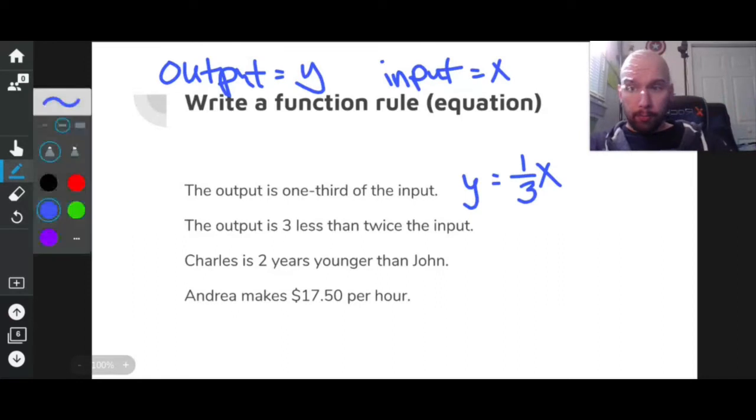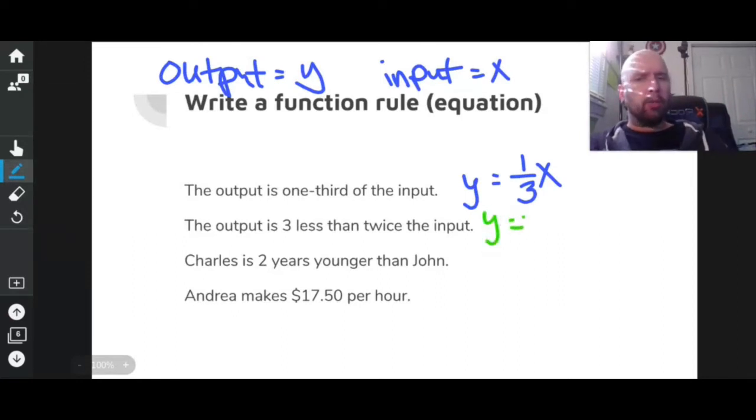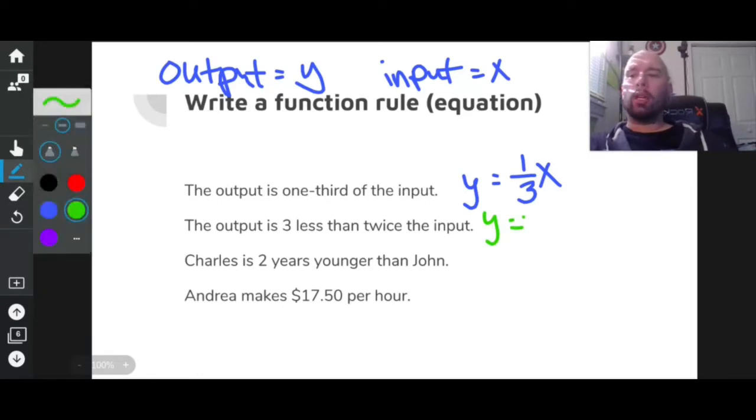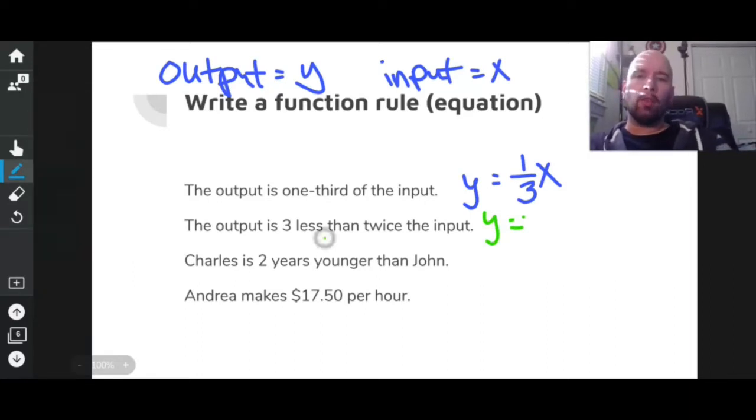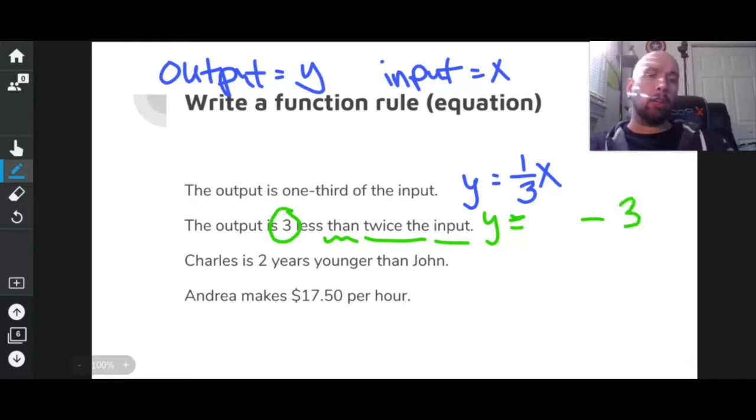The output, y, is 3 less than. Ooh, here's the tricky thing. A little trick that I like to use is whenever you see the word than, swap the two things on the other side. So on the right side, first off, it's less, so it's a minus. 3 is now going to go on the right because you're taking away 3.